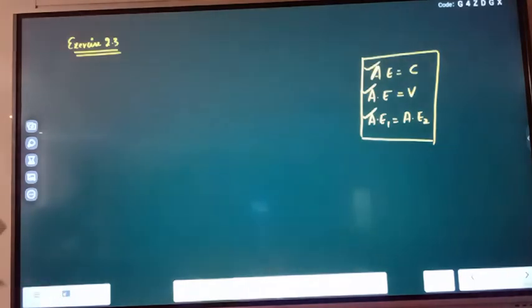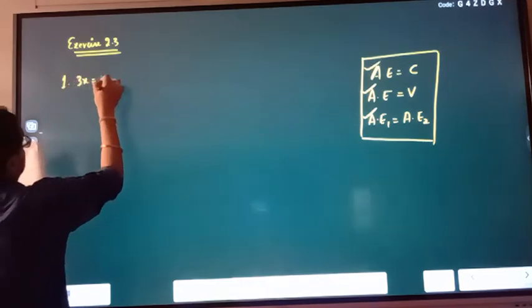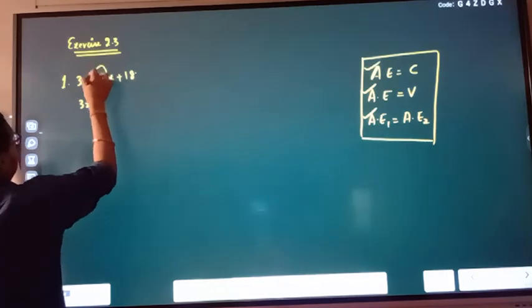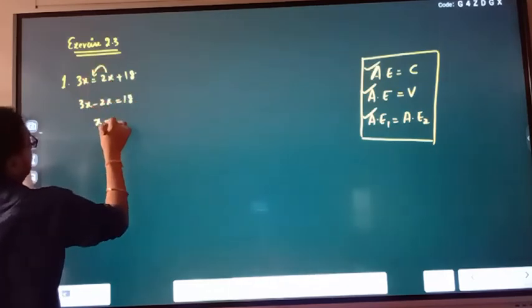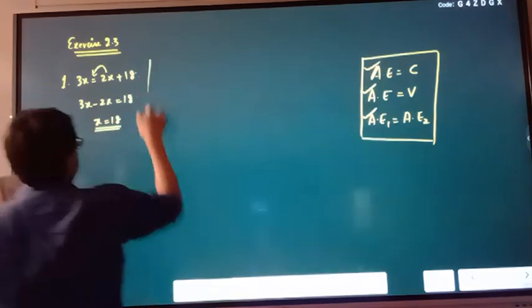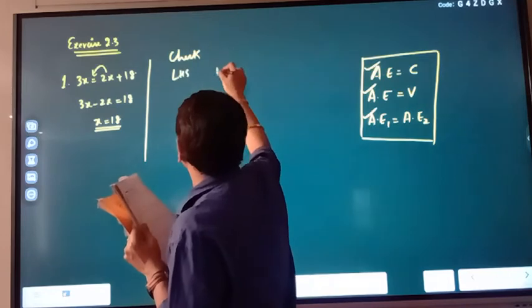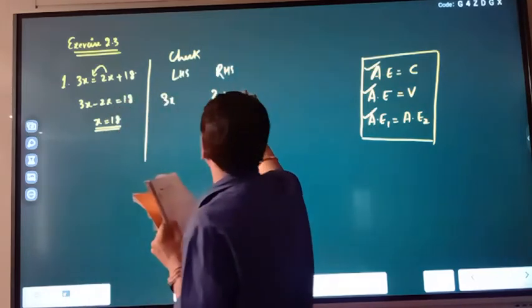Solve the following equations and check your result. Very easy. First question: 3x equals 2x plus 18. 3x will bring here, 3x minus 2x is equal to 18. x is equal to 18 is the answer. Simple. Let's check. LHS, RHS. LHS is 3x. 2x plus 18 is RHS.